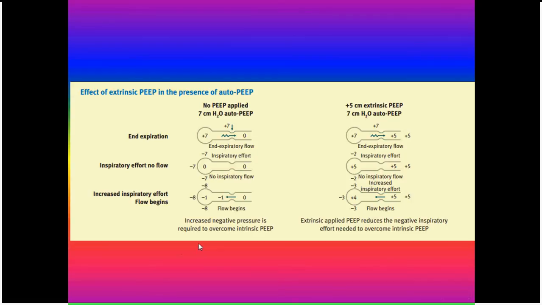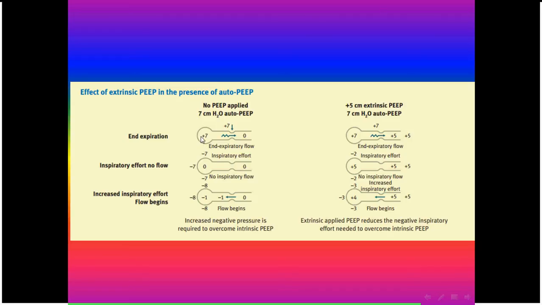An important point in cases of patients with COPD, we have to put an extrinsic PEEP equal to about 80 to 85% of the intrinsic PEEP, in order to make unloading. So this is a patient with intrinsic PEEP, say +7.